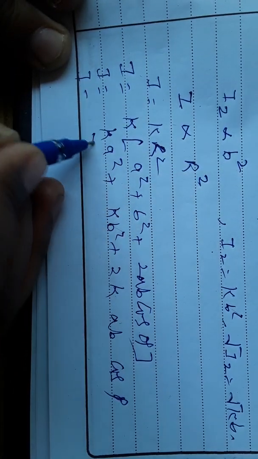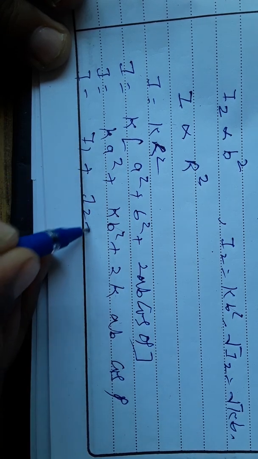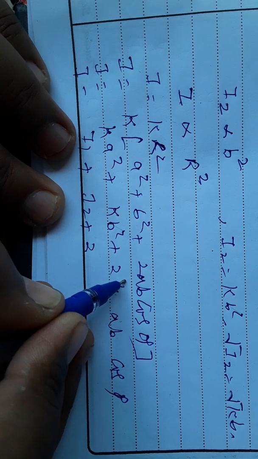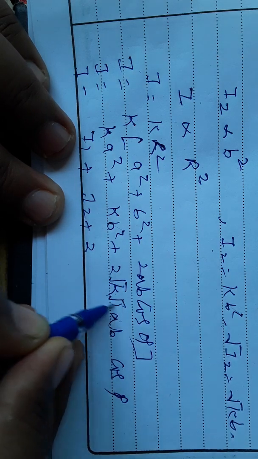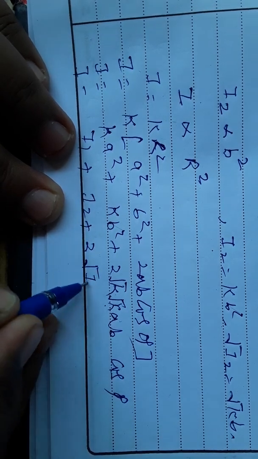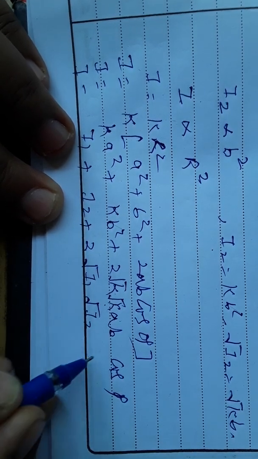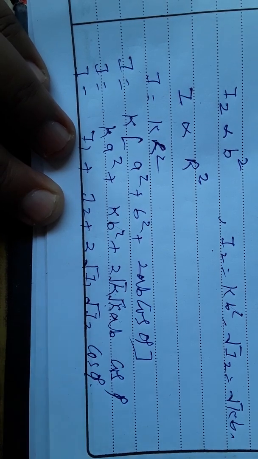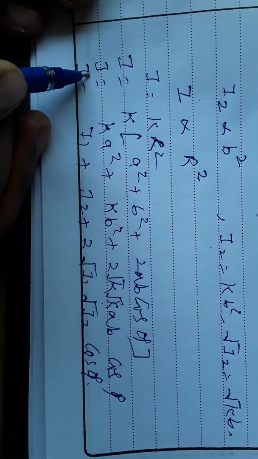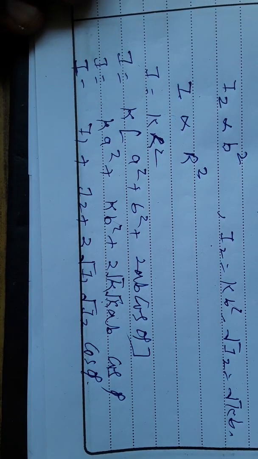K a square is equal to I1, K b square is I2, plus 2. We can write K as under root K into under root K: under root K a is under root I1, under root K b is under root I2, into cos phi. This is the required relation for the intensity of the resultant. So I is equal to I1 plus I2 plus 2 under root I1 I2 cos phi.